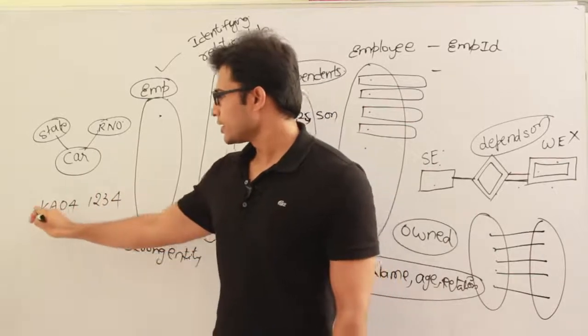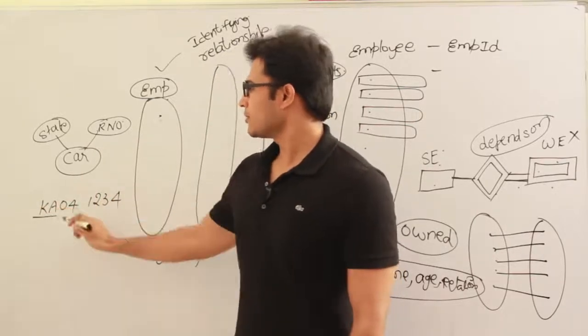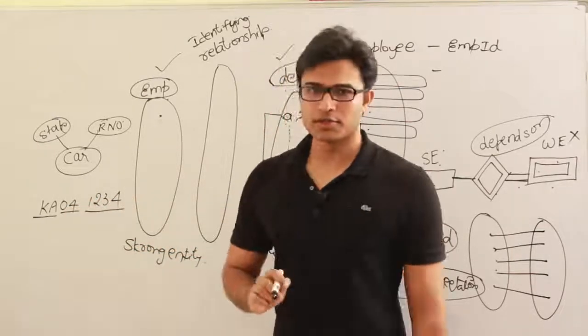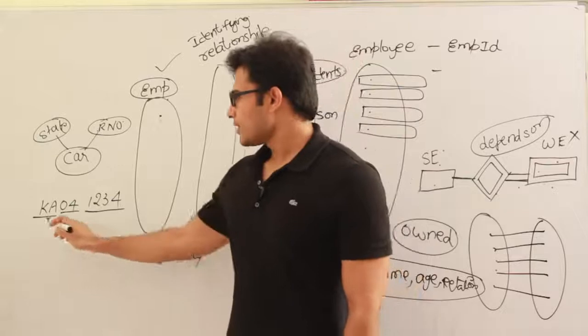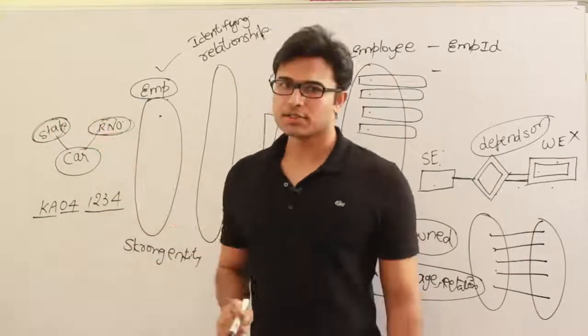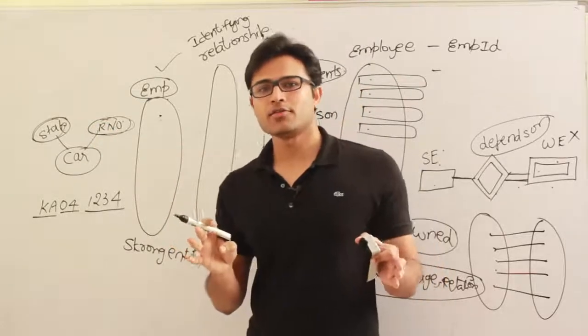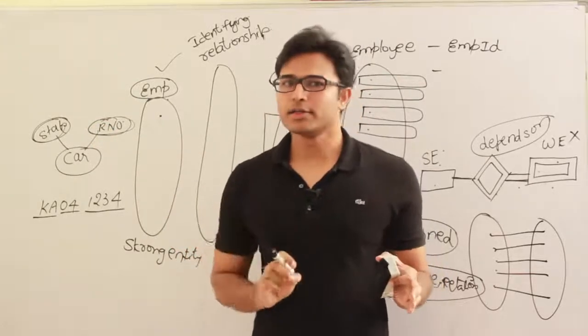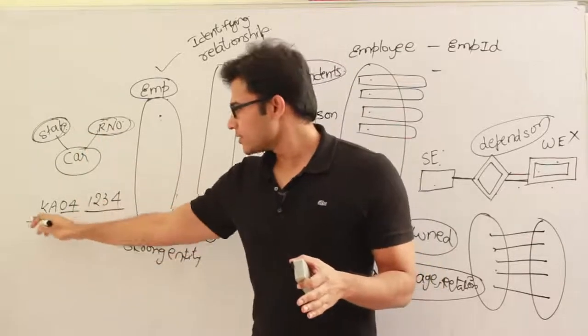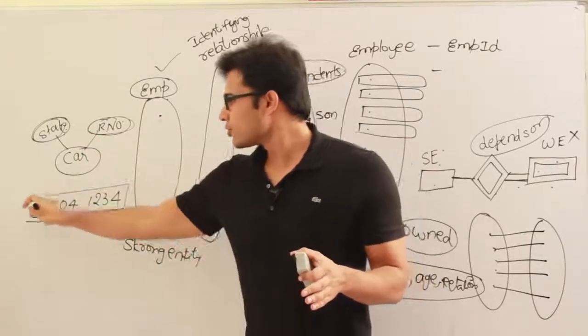What does it mean? KA means the state is KA, maybe 04 means Bangalore, and 1234 means the registration. Now either this state or this registration number within the state might not be able to identify a car uniquely, isn't it? But when I combine these two, if I write this entire number, I'll be able to uniquely identify it.